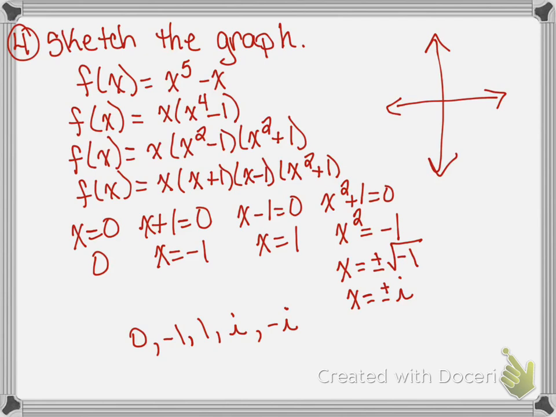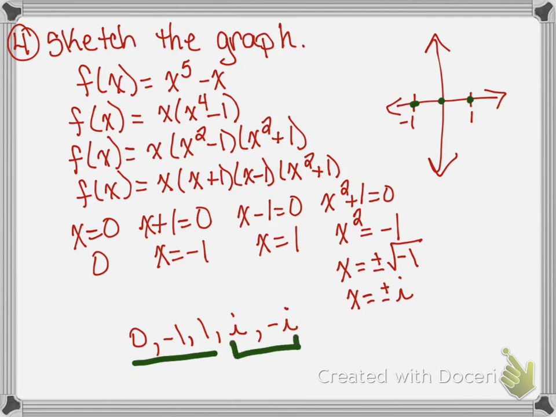Okay, so here I've got negative 1, and here I've got positive 1, and then here I've got 0. So my graph is going to cross the x-axis here, here, and here. So it crosses the x-axis 3 times, and that accounts for all of our real solutions. These are complex solutions.